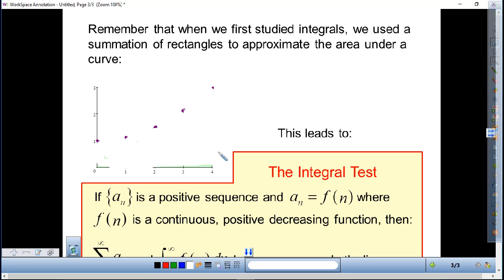Well, here's the thing. Compare that to our function. If we had that function that was just drawn up here, what do we know?